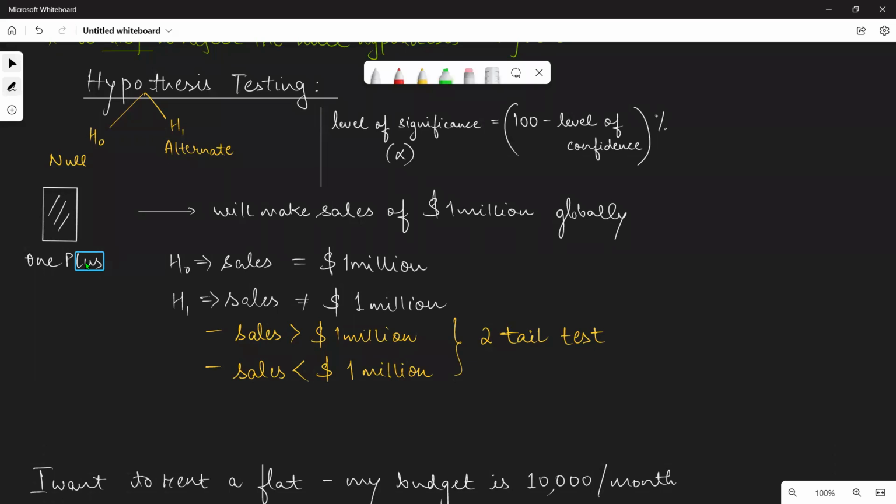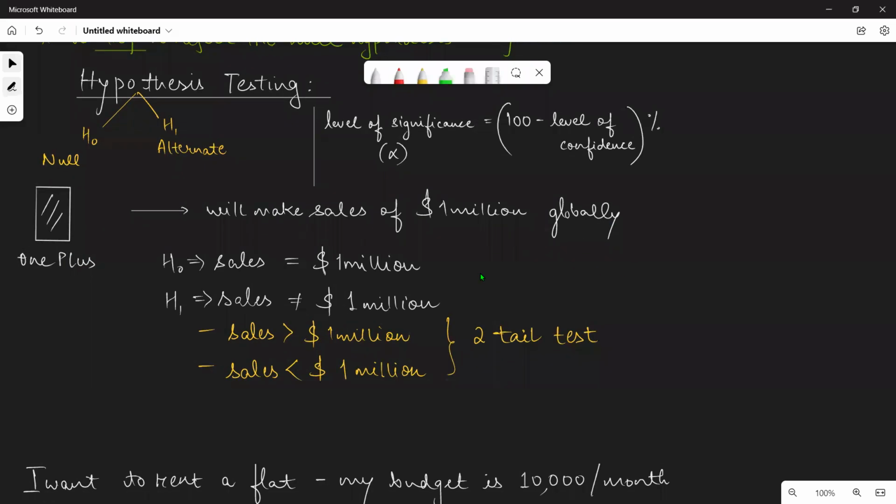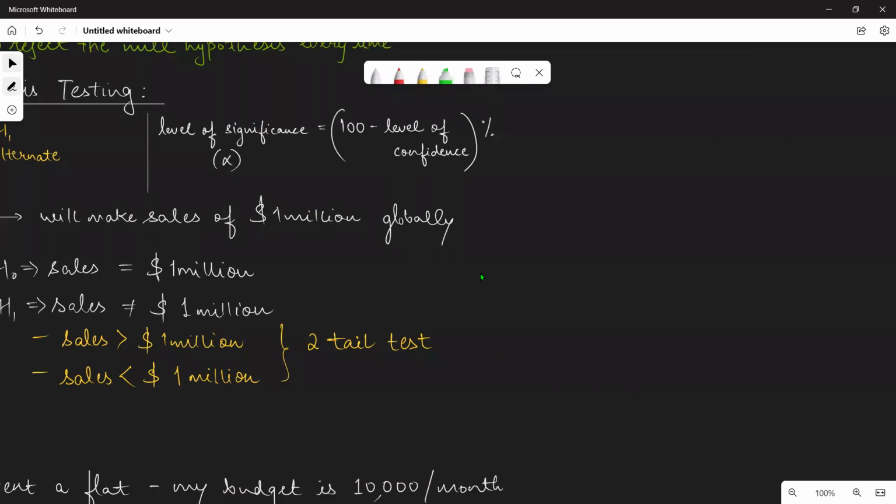So let's imagine that the amount of confidence OnePlus has in its resource people, its manufacturing unit and all those things is, let's say, 90%. When OnePlus says that it will be in a state to generate sales of $1 million globally, the confidence OnePlus has is 90%.